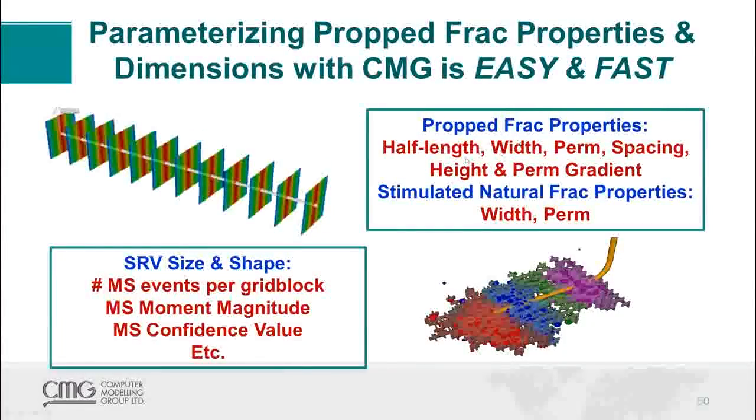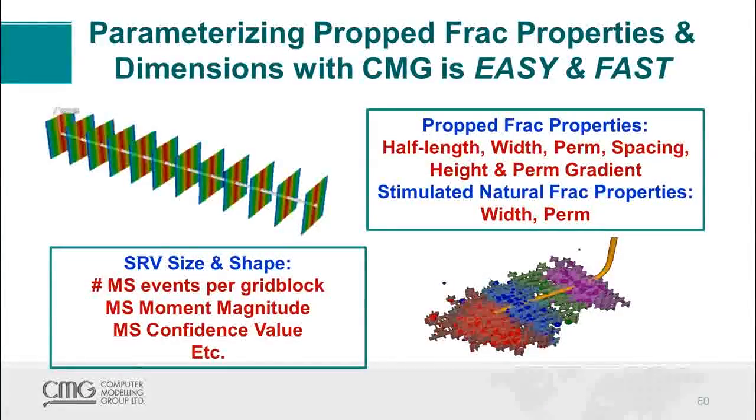Things like frac properties, frac half-length, width, permeability, the effective spacing between planar fractures, the height above and height below the perf intervals that the production data says that the frac must have encountered, and perm gradients from tip to wellbore, and stimulated natural fracture properties like the width and the perm.